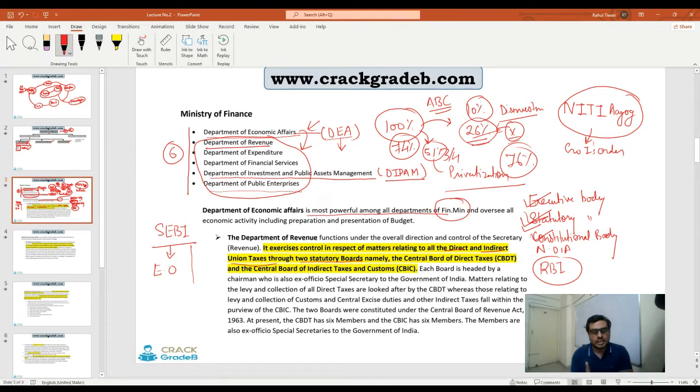If you want to change any function of the Supreme Court or any other body mentioned in the Constitution, you have to change the Constitution, which is the most difficult part, right? So that is why constitutional bodies are the most powerful bodies and have the most autonomy to work, whereas statutory bodies also have autonomy, and executive bodies have very little autonomy in their work.